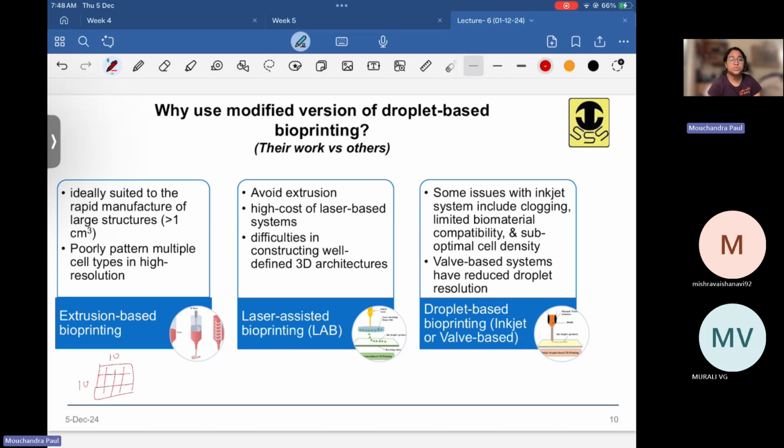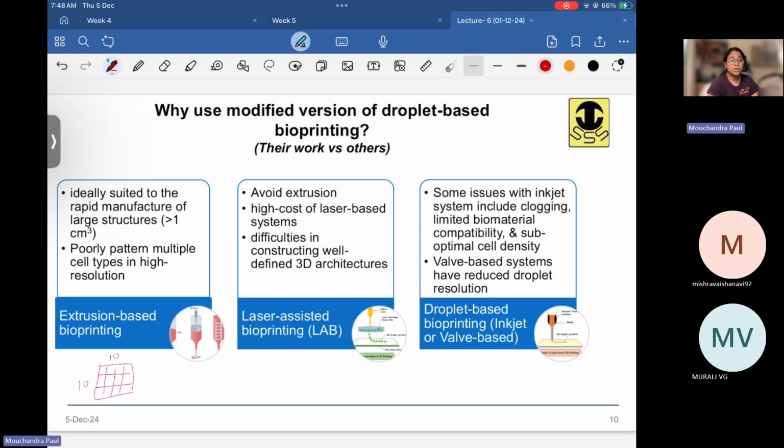So in this way, you can control the infill pattern, all right? And using the infill pattern, you can pattern the cells. So if you want, you can print three types of cells in one layer. Let's say vertical line is one cell type, horizontal line is another cell type, and the boundary, that is the periphery, is another cell type, right?